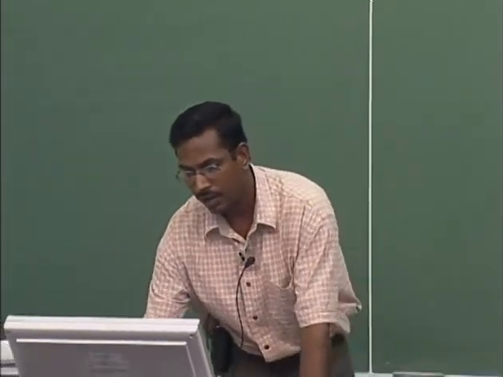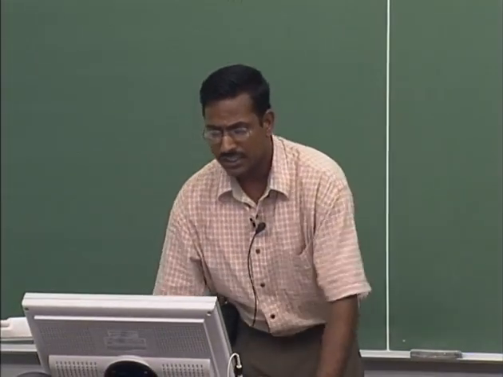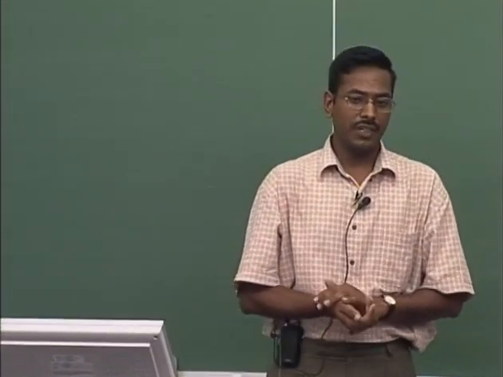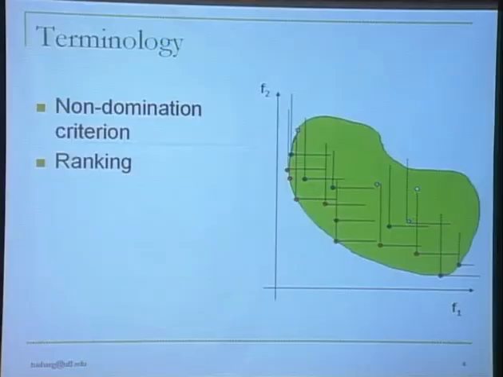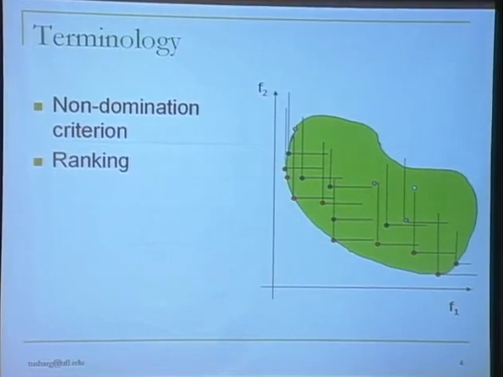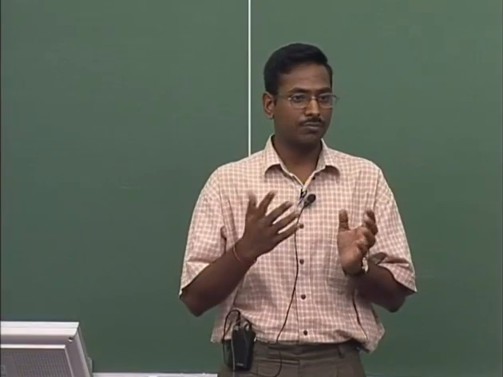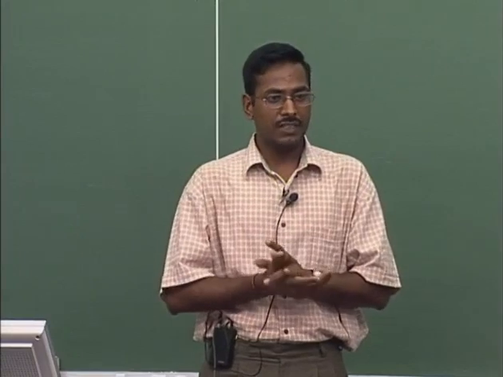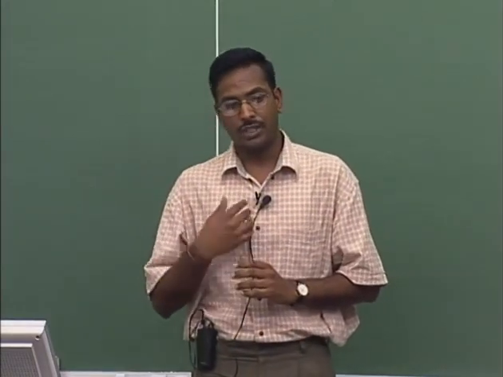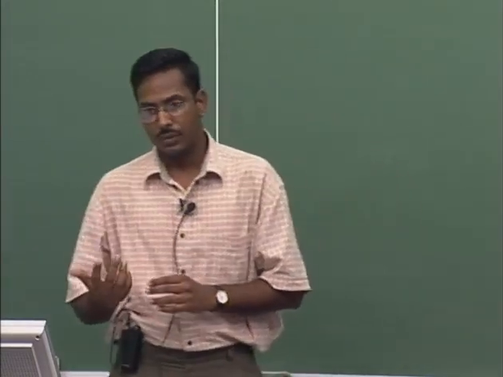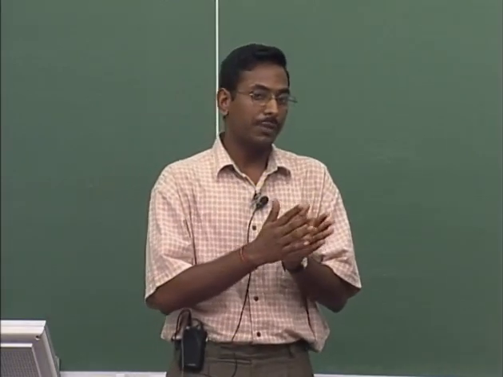Okay. The next thing I would discuss is ranking. Ranking is one of the ways we do the selection in multi-objective genetic algorithms. In the single objective optimization case, we have two solutions which we compare, and if one is better than the other, we can select it. Whereas when we go to more than one objective, we have to devise methods to compare the results.